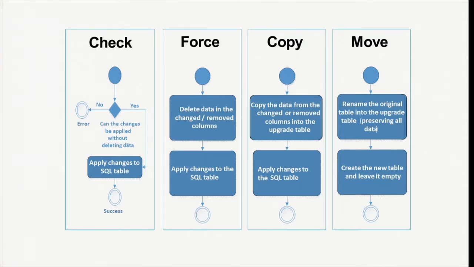In case of upgrade option move, the entire table will be backed up, and the new table that is created is going to be empty. So we have designed the upgrade option move for when you completely want to redesign, repurpose your table.